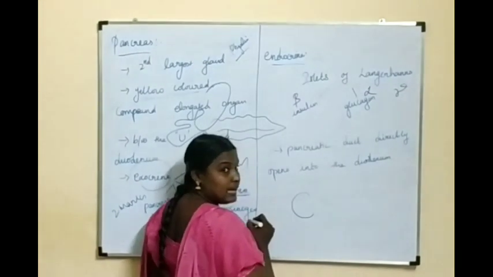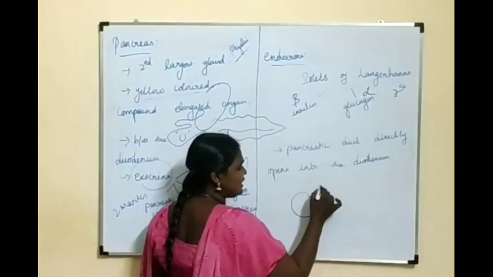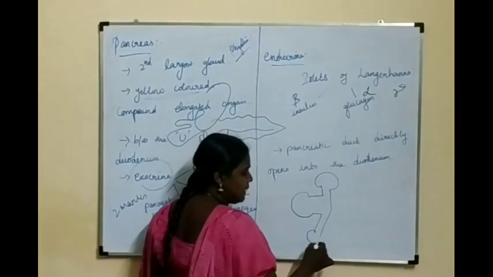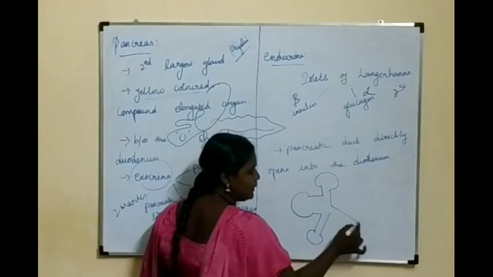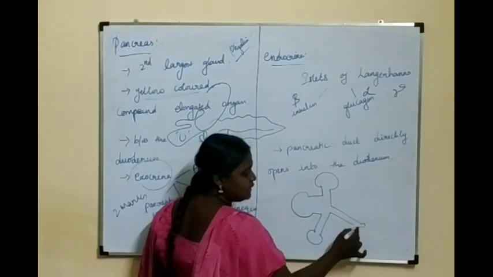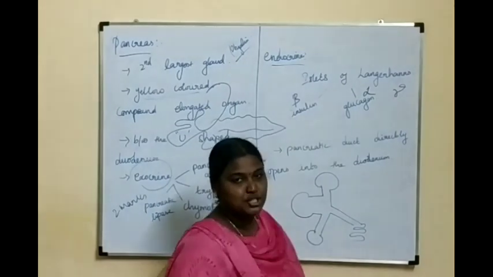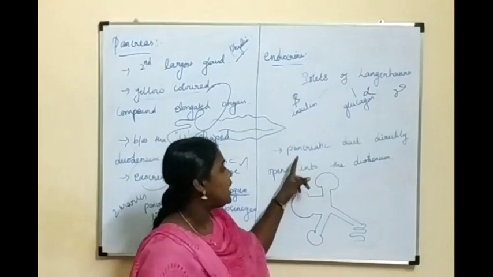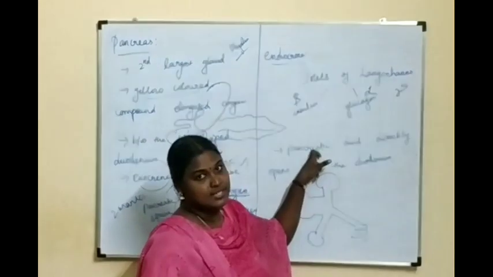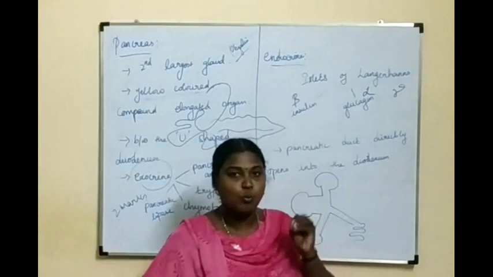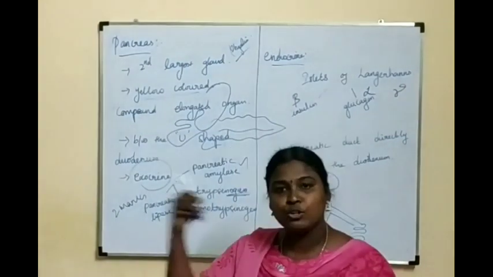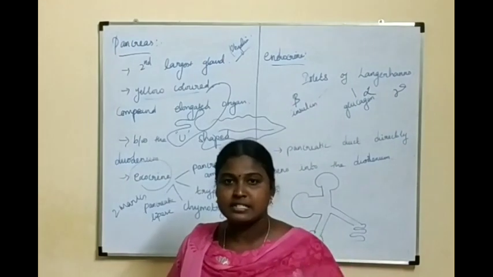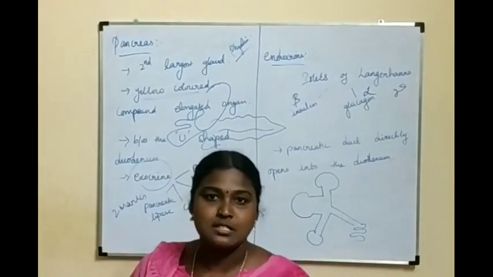This is the hepatic duct, this is the gallbladder, and it passes down. This is the pancreatic duct, and it opens into the duodenum of the small intestine. This is an important point, don't forget. Understand the meaning of each line; only then will everything be correlated. Don't study even one line without understanding. Can you understand? I repeat.